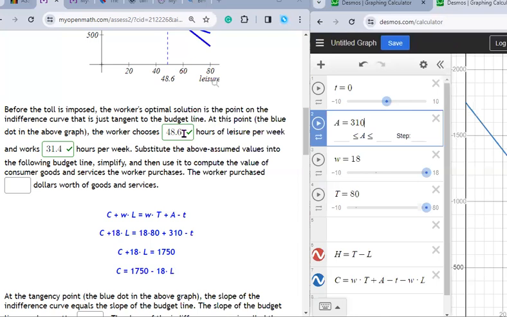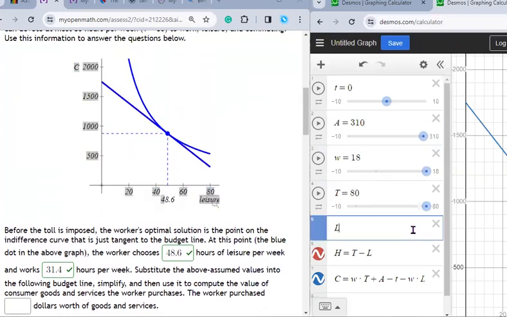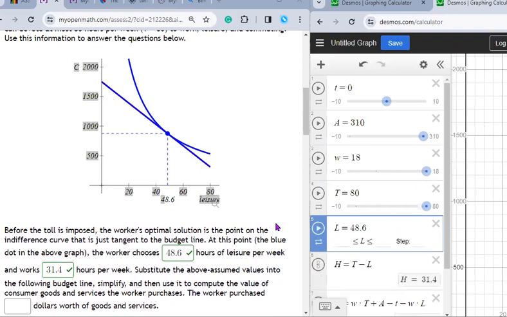Okay, but here leisure is what? Leisure is 48.6. So right here, I'm going to type L equal to 48.6. I'm going to match it with right here, right? Because at the optimal solution, the person is choosing 48.6 hours of leisure, right? And then that tells me 48.6 can be plugged into my consumption function, and it should be some value less than 1,000, right?